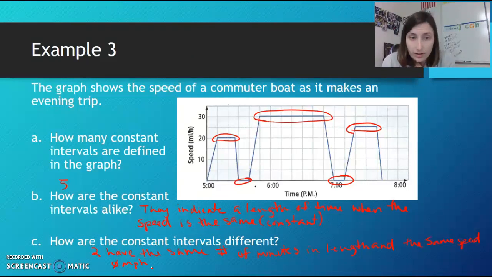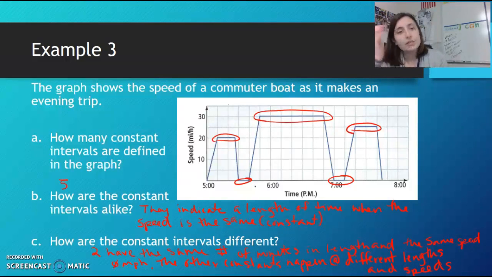The other constants, so our other 3, the ones up here, happen at different lengths and speeds.